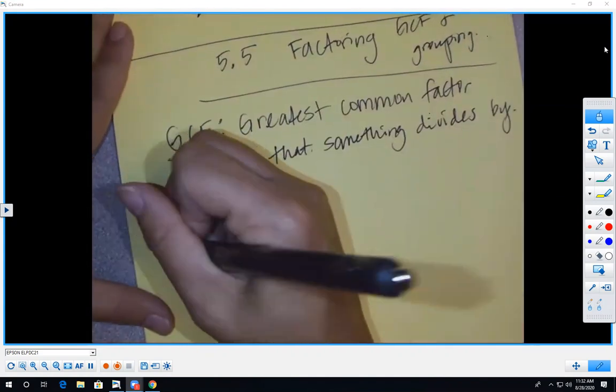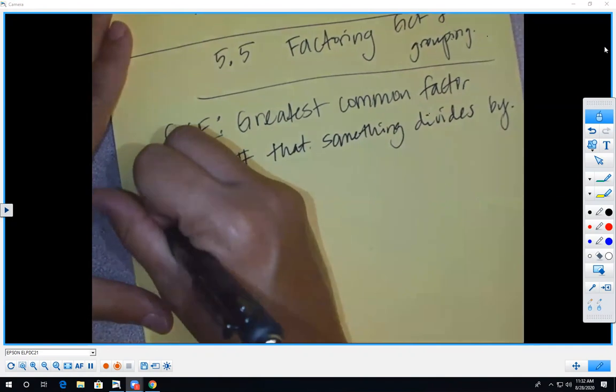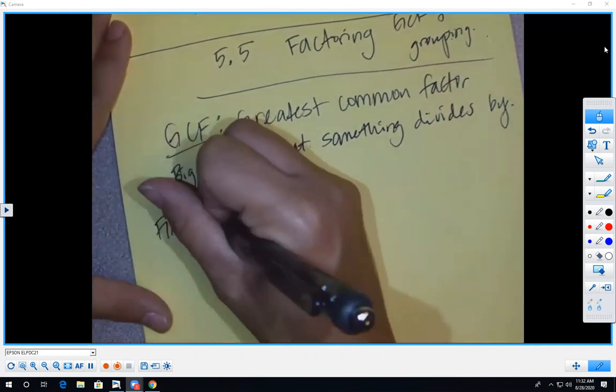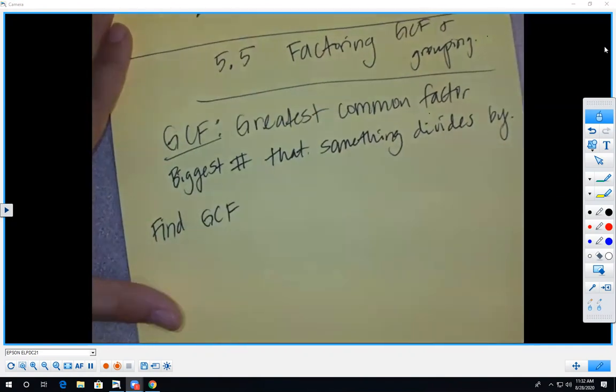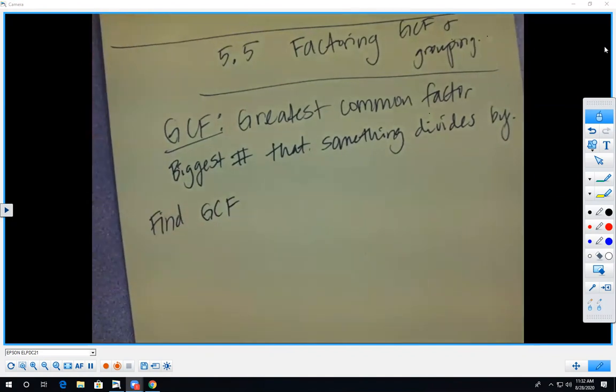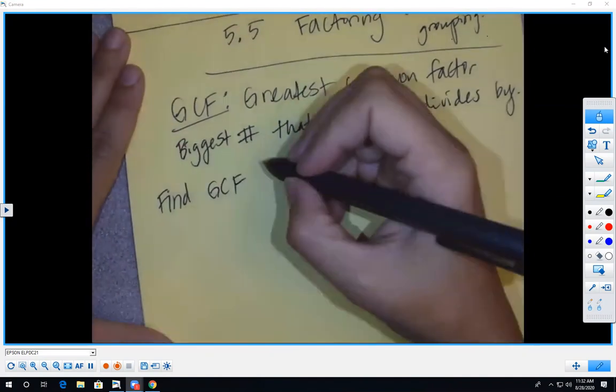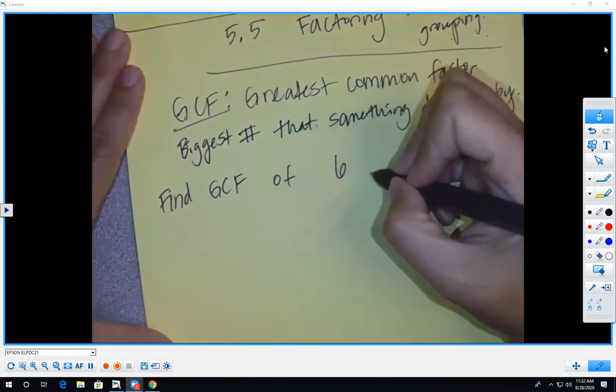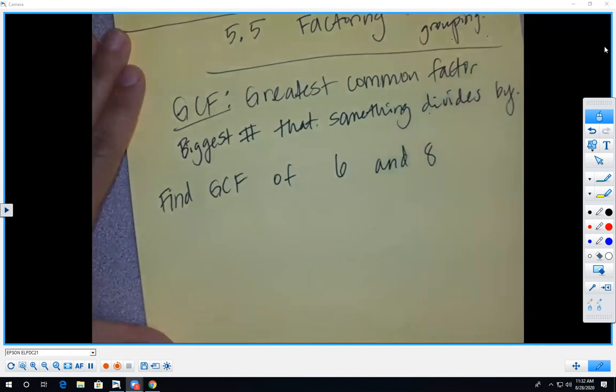Okay, so we are going to start off by finding the greatest common factor. Give you a second to catch up on your writing. Okay, so find the greatest common factor of 6 and 8.